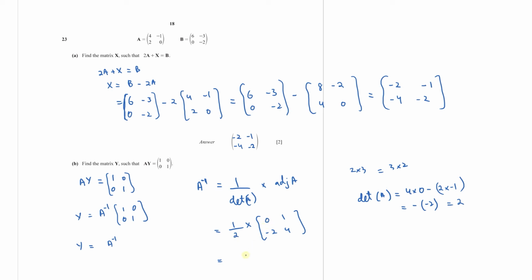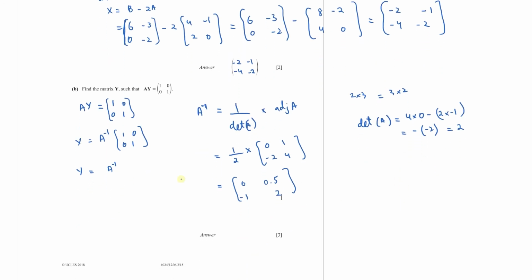So 0 divided by 2 is still 0, 1 divided by 2 is 0.5, minus 2 divided by 2 will become minus 1, and 4 divided by 2 will be 2. So this will be your answer here: 0, 0.5, minus 1, and 2.